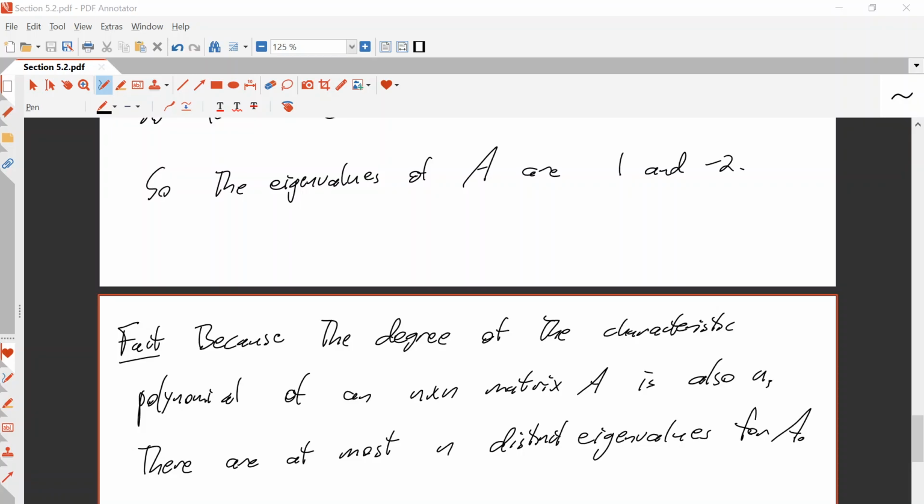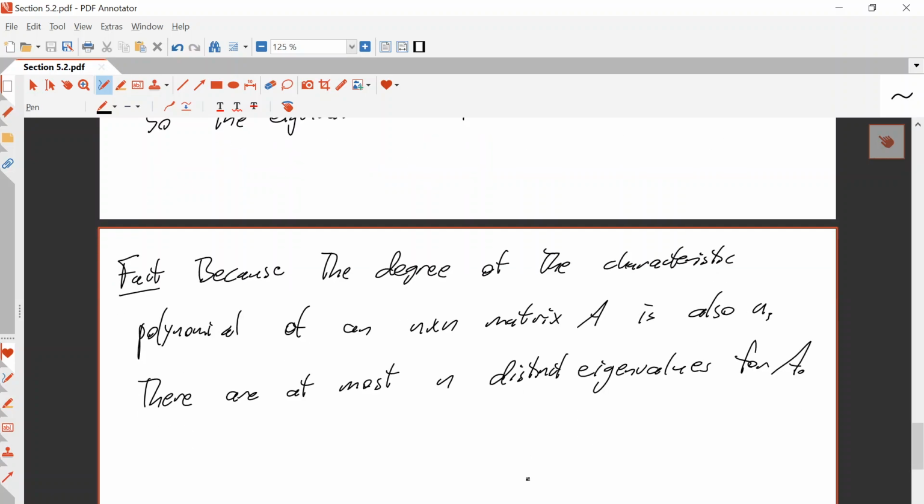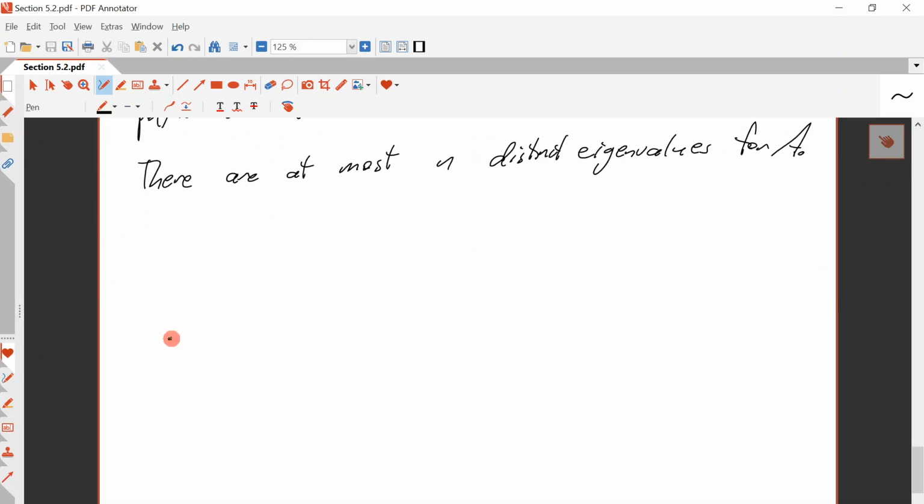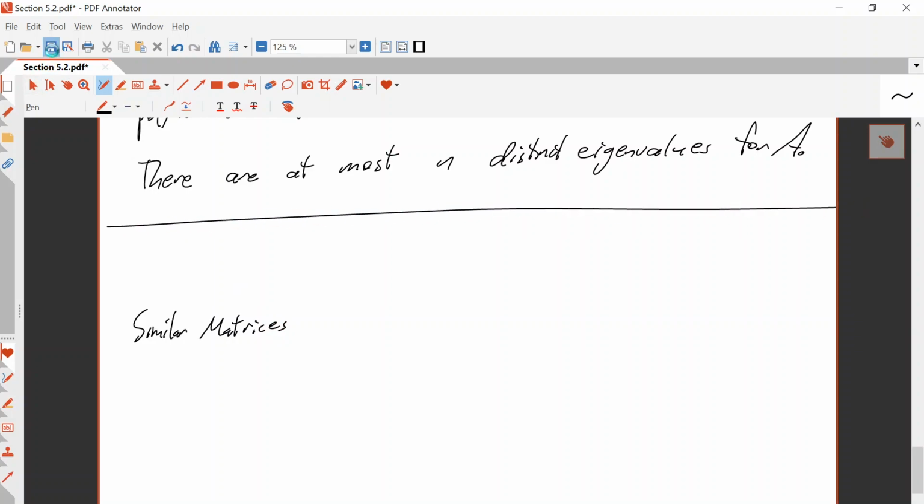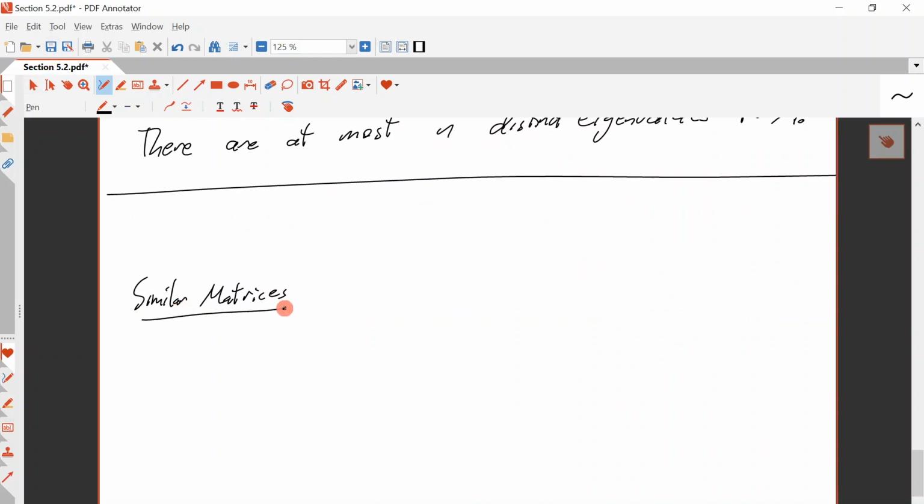Next, similarity. This is a different topic that we're going to use in section 5.3, where we're going to do something pretty cool. Anyway, similar matrices.